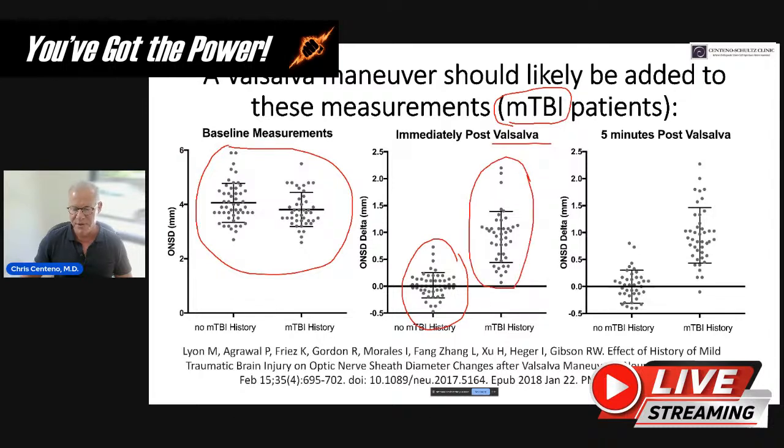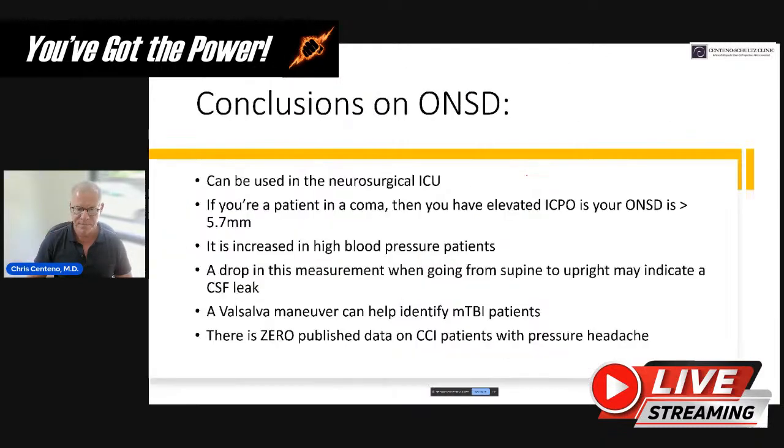So maybe this is something that could be used as well. So now we've got supine and standing measurements, but that kind of links more to a CSF leak, not most of our CCI patients. Here we have the idea of having them do this Valsalva maneuver, and maybe that helps. But again, these aren't CCI patients. These are mild traumatic brain injury patients.